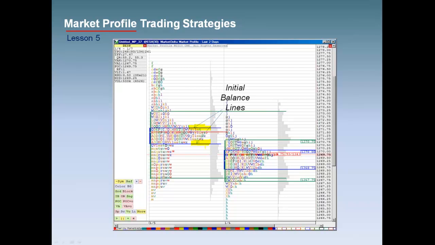So when you look at prices, you want to ask, where are they relative to these initial balance lines? And once again, on the other day, it's exactly the same. We have two other initial balance lines. These are our first two reference lines that we always want to keep track of on our chart.